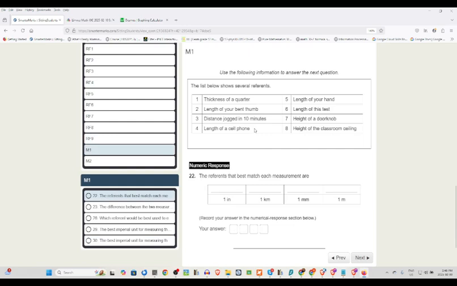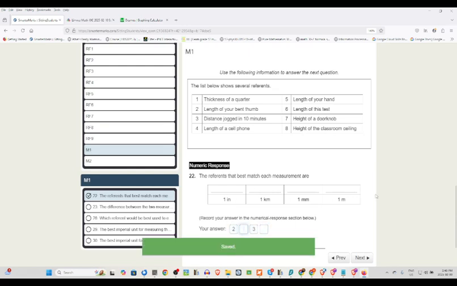All right. Now, our measurement using reference. So the thickness of a quarter would be the one in millimeters. The length of your bent thumb is probably closer to 1 inch.